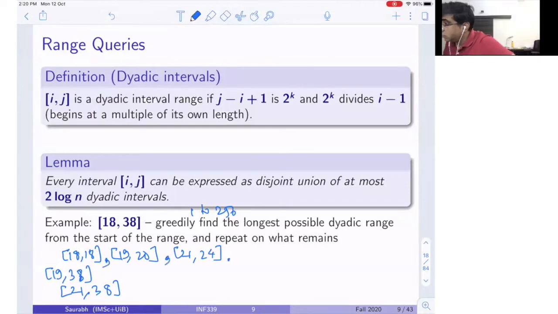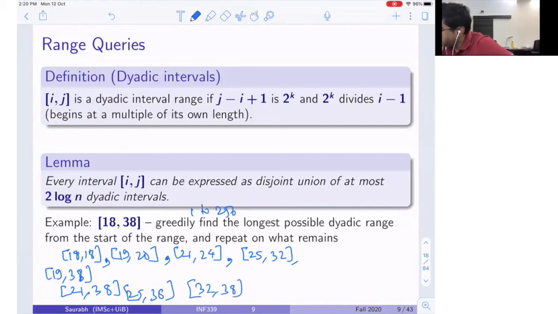Okay, now 25 to 38 is left. So what can we say? I think we can have 25 to 32. Yes. Now we have 33 to 38 left. So we can have 33 to 36 and then 37 to 38.